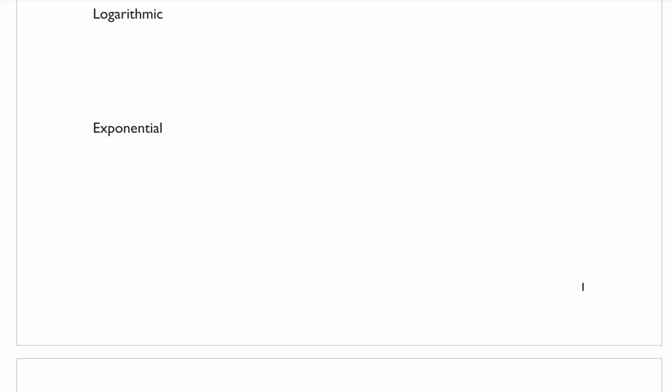So the next function that we are going to look at is the logarithmic model, or the logarithmic function. And if here this was our y-axis and this was our x-axis, a logarithmic model or function would grow really fast at first and then grow very slowly after that.